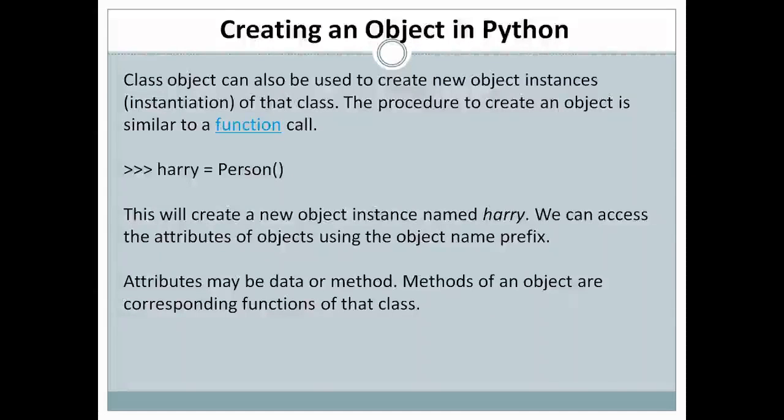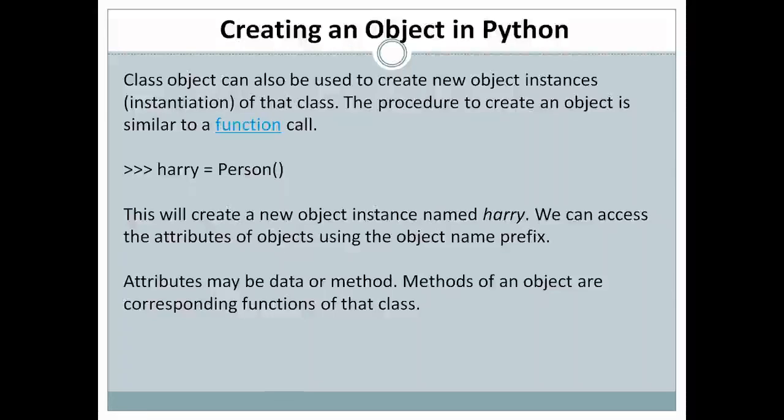Let us see now how we can create an object of a class. In the last example we have seen how we can define a class, and how a class object is created. The class object is automatically created and we can directly use it in the program, but we can even create objects of a class.